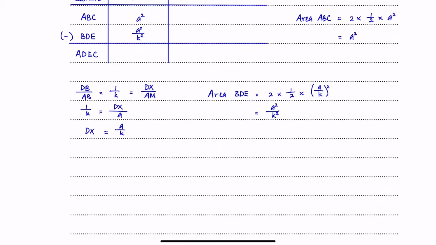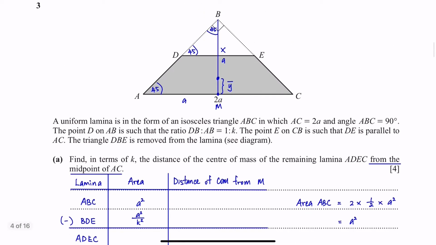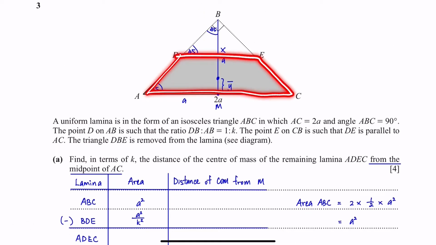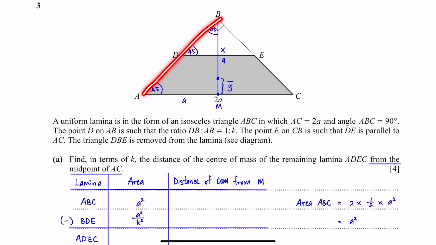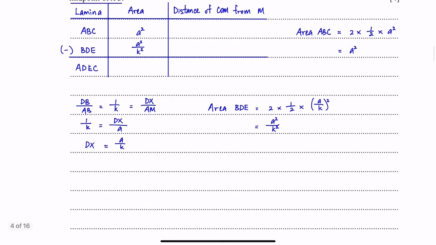And now we need to find the area of ADEC, which is the remaining lamina. And this would just be ABC minus BDE. So it would be 1 minus 1 over K squared times A squared.